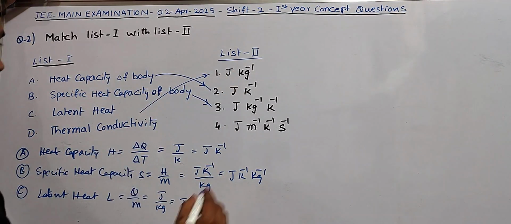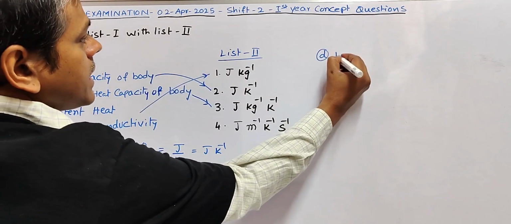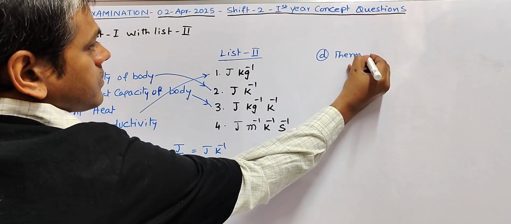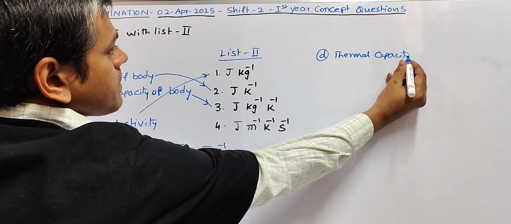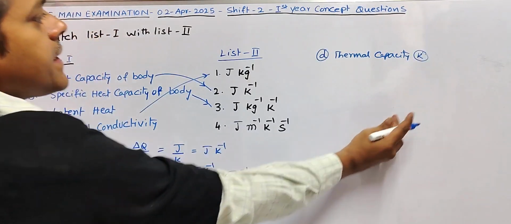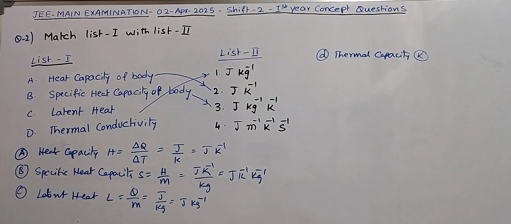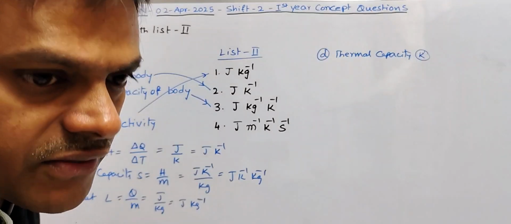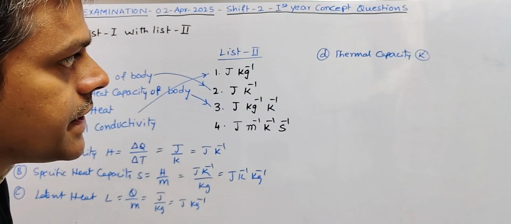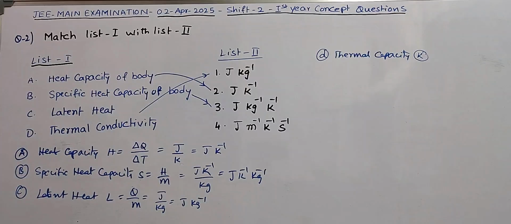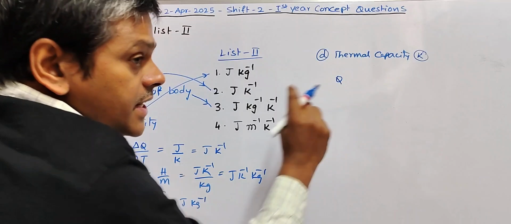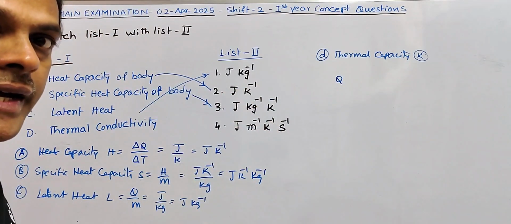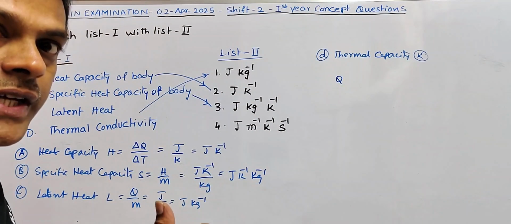Next, thermal conductivity, represented by K. It depends on how readily the given body allows heat to flow through it, that is, heat flowing from one end of a rod to the other.